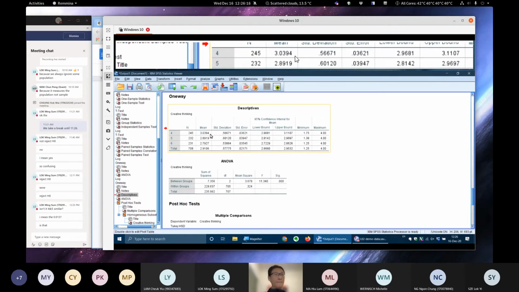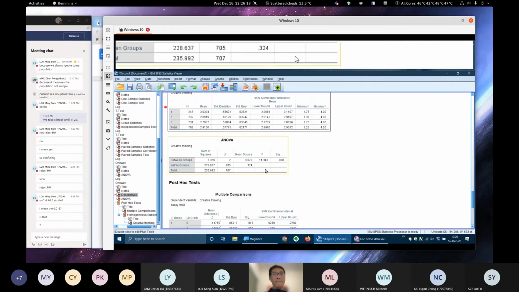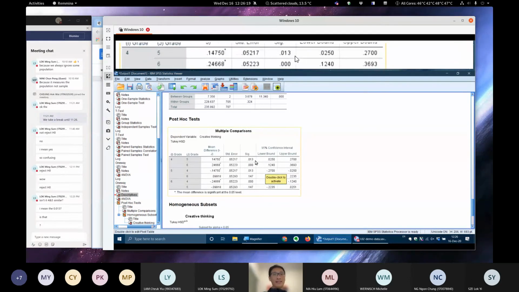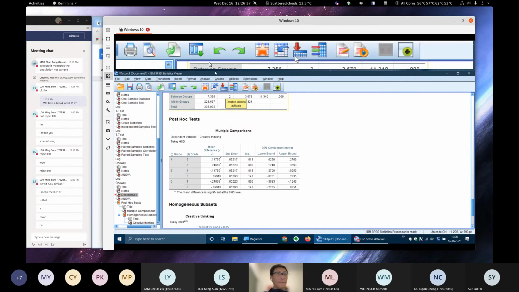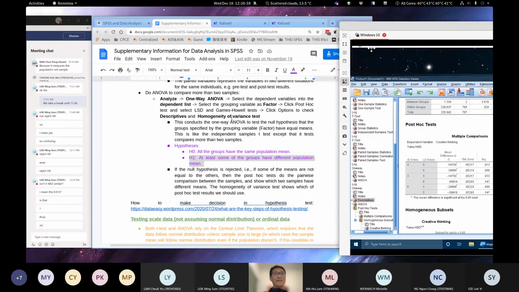Okay, 0.013. Now, the p-value here is smaller than 0.05, right? So when it is smaller than 0.05, they are different. They have different population means, just like here.